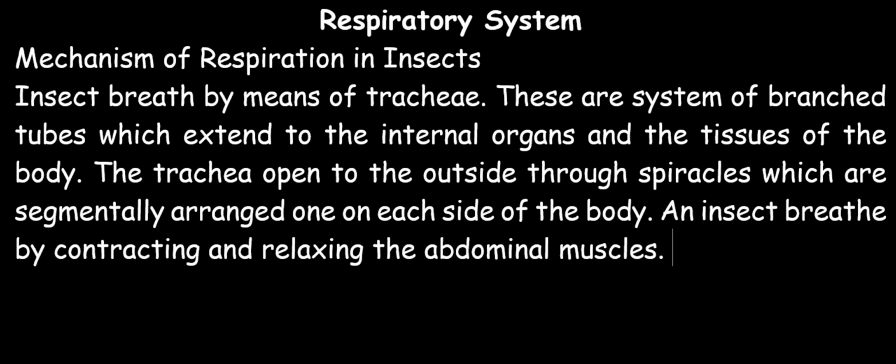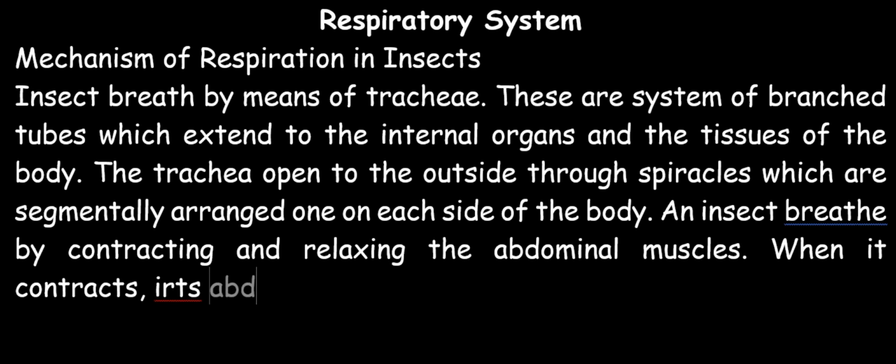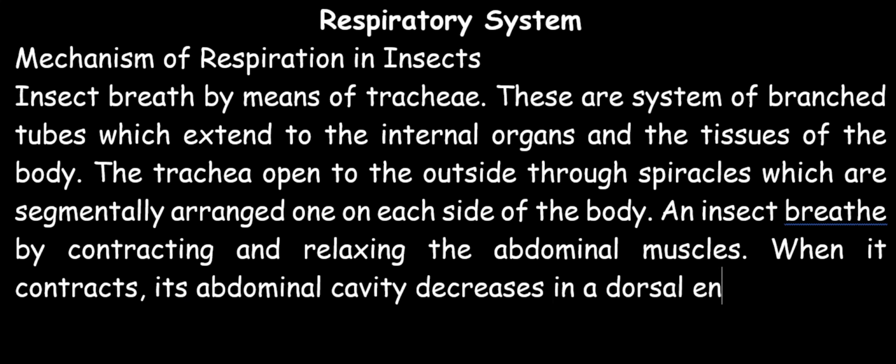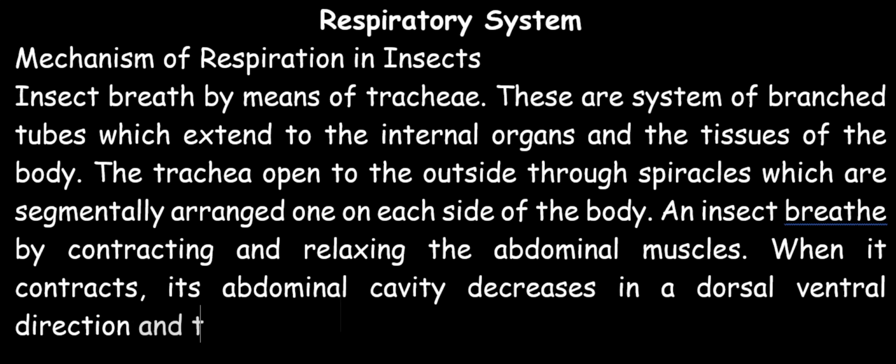So we are going to be talking about what happens when the abdominal muscles contract and what happens when the abdominal muscle relax. When it contracts, the abdominal cavity decreases in a dorsal ventral direction and the pressure in it increases.